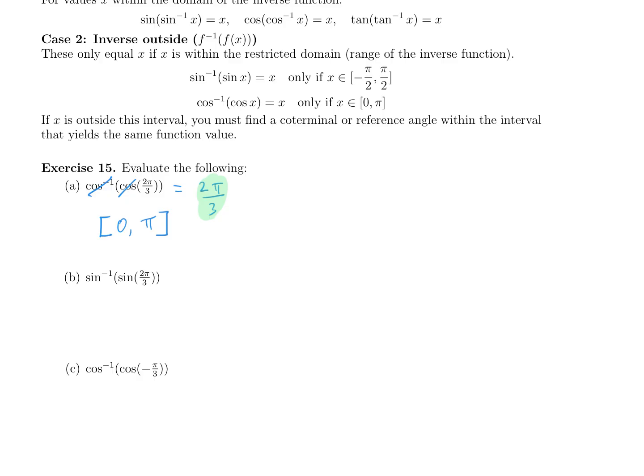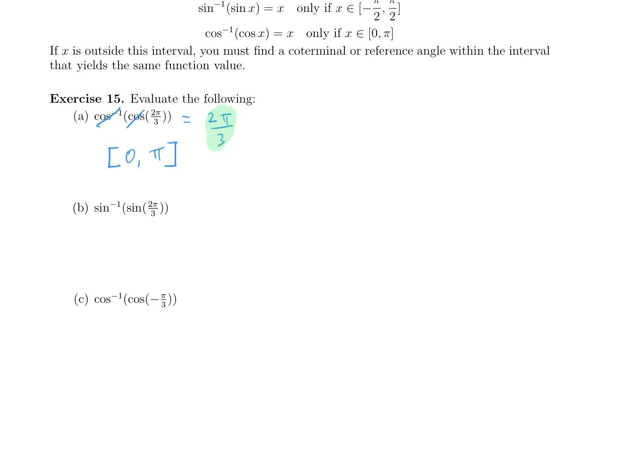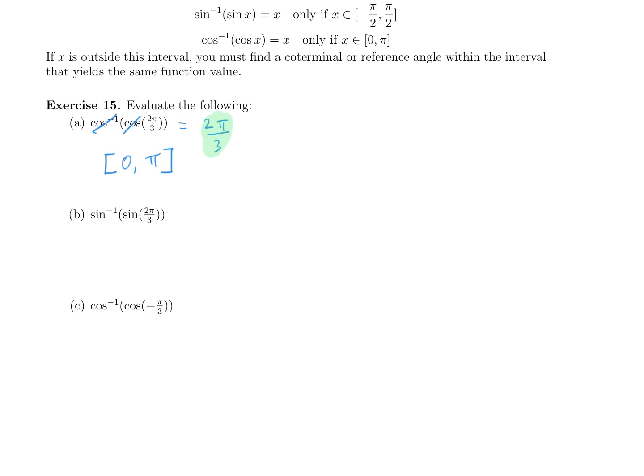All right, let's see if it's true for the next one. Recall that the domain for the inverse sine function is negative pi over 2 to positive pi over 2. And you will see that 2/3 pi is not in the domain.